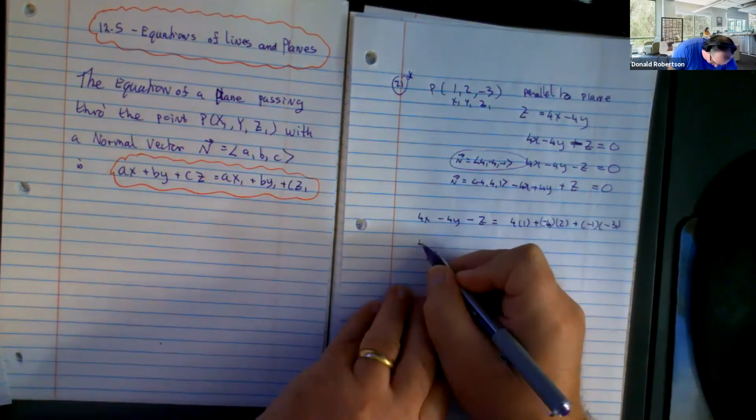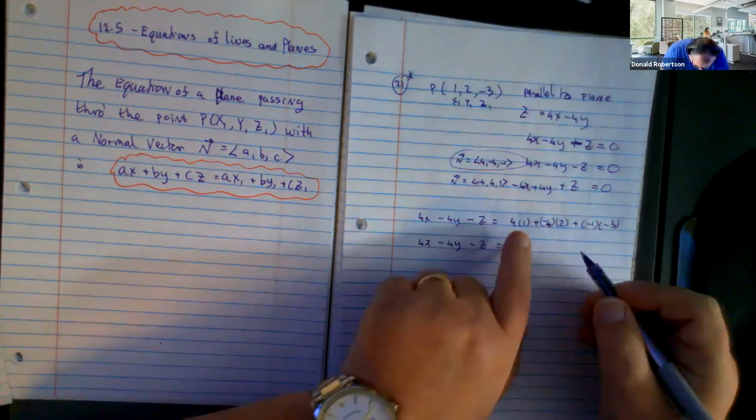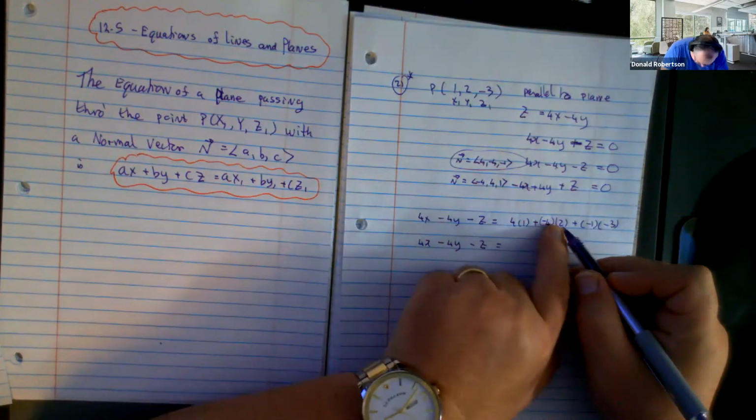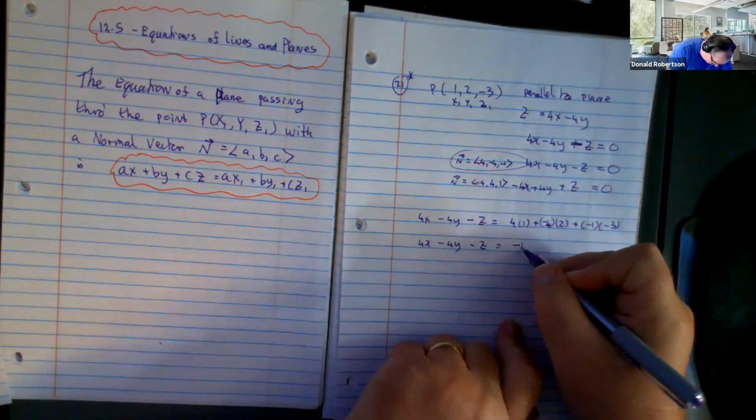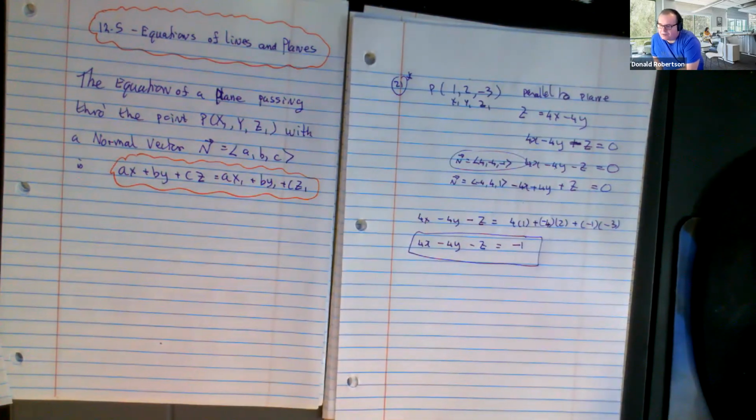And so 4x, take away 4y, and that's 4, and that's negative 8, so it's negative 4, and then final number, I believe is that. So just tell me a point on the plane and tell me the normal vector, or at least some way to get the normal vector. Tell me the equation of a plane that it's parallel to.